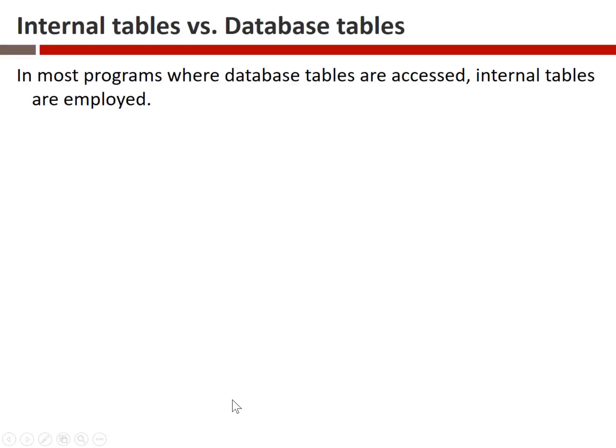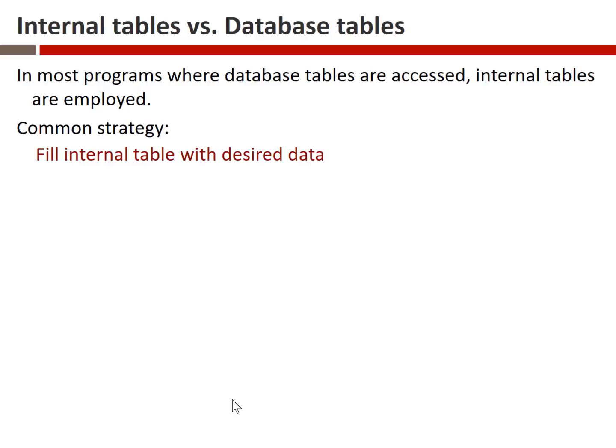In most programs where we're going to access database tables, we will use internal tables. The idea here would be, if I wanted to work with one of the tables we just looked at in the database, I would create an internal table that would contain the fields that I want to pull out of that database table.